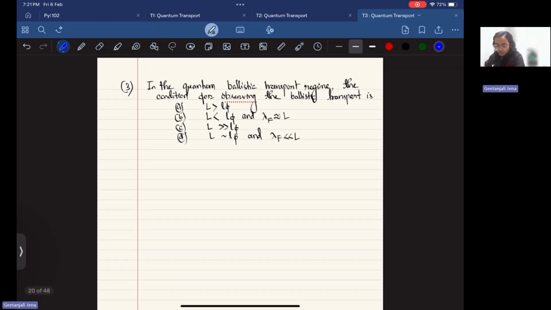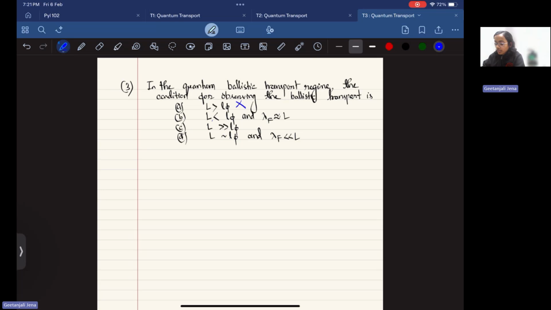Okay. Question 3 is also a conceptual problem. In the quantum ballistic transport regime, the condition for observing ballistic transport is whether the device length should be greater than the phase coherence length, which is not true.